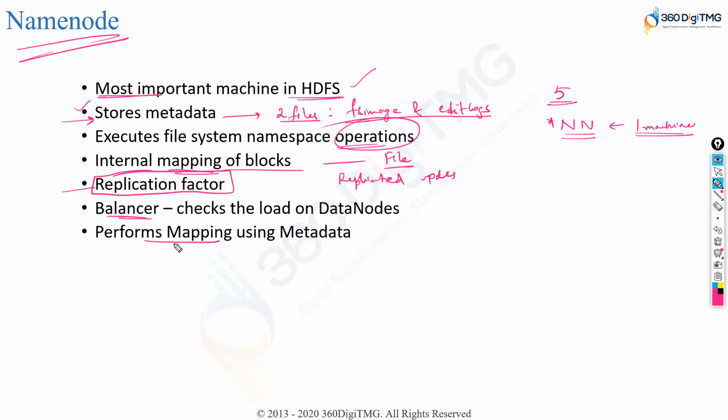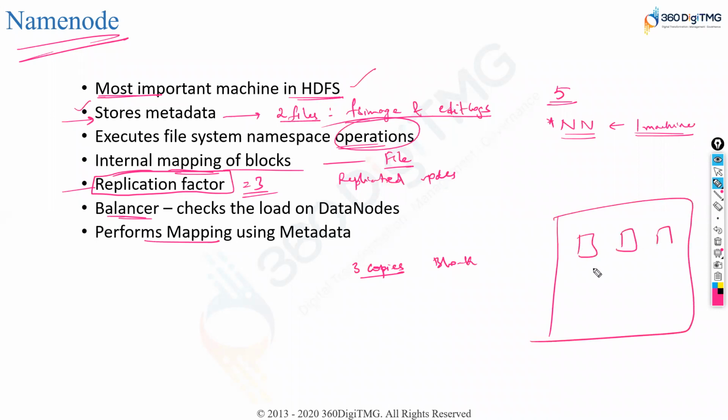That means if you say replication factor is equal to 3, which is default, then at any given instance, you need to have 3 copies of every block. So if I have multiple nodes, make sure the block is copied in 3 different servers. Let's say here, here, and here. What if this instance goes down?